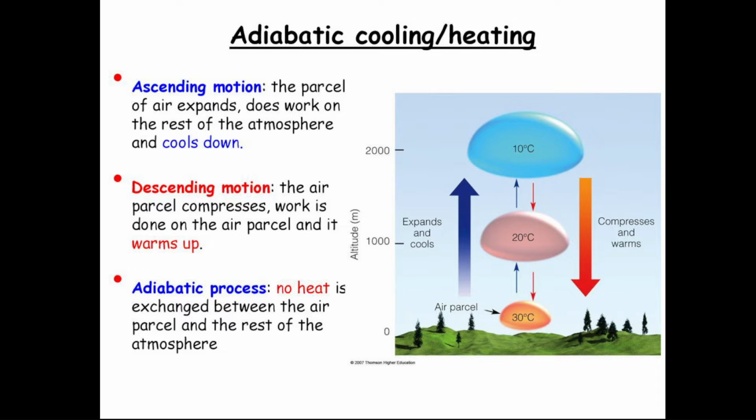The rate of decrease of temperature of the moving air mass with height is called the adiabatic lapse rate. If the air mass remains dry, the rate of decrease of temperature is called the dry adiabatic lapse rate. The value of the dry adiabatic lapse rate is about 10 degrees Celsius per kilometer.